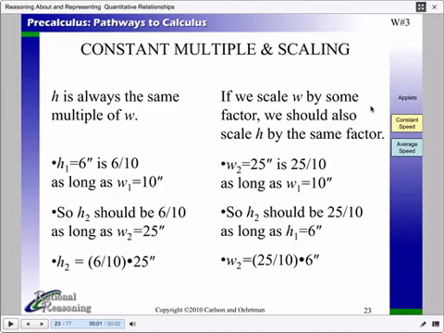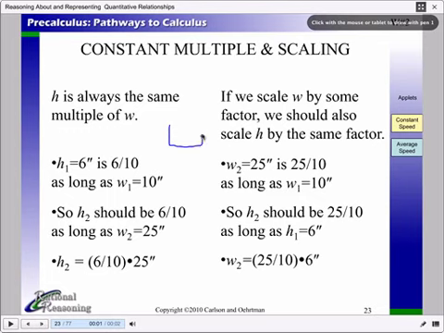Is 6 a width or a height? Wait, you're confusing me. Sorry. It's okay. No, let's get it. It's important. The 6 is actually a height. I'm confused about the differences.